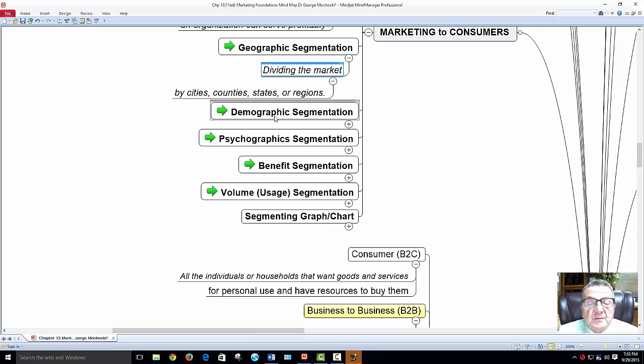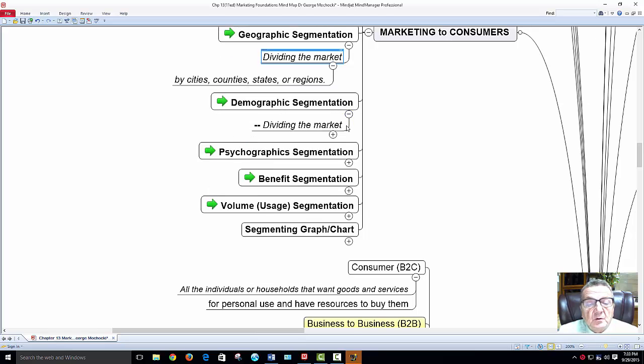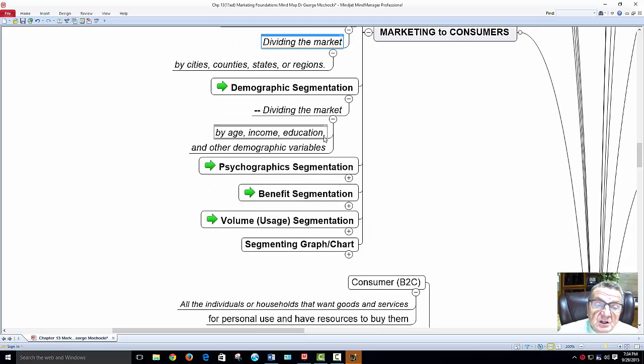Okay, demographic segmentation. Now here we're dividing the market by age, income, education, and other demographic variables. Well, look at age. Look at mine. I'm very conservative. I used to have long hair, but look at me now, very conservative. But to a lot of people my age that may have more gray hair, may be not as mobile as I am, or they may be more active than I'll ever be, more muscular, whatever.